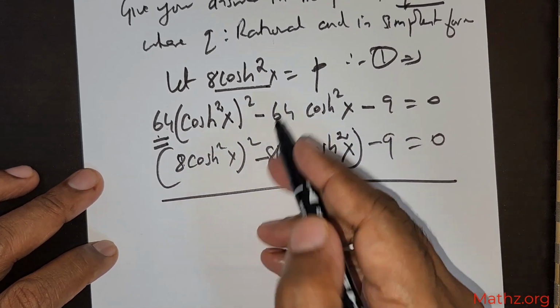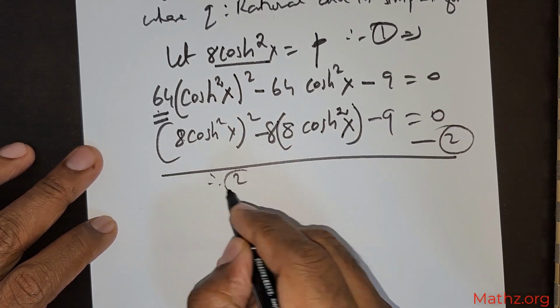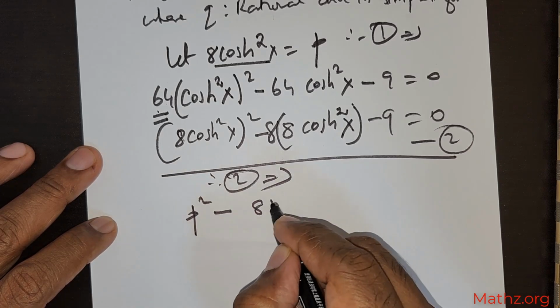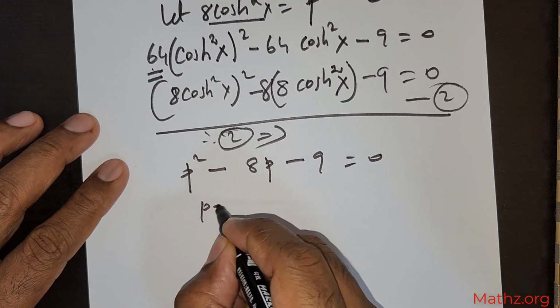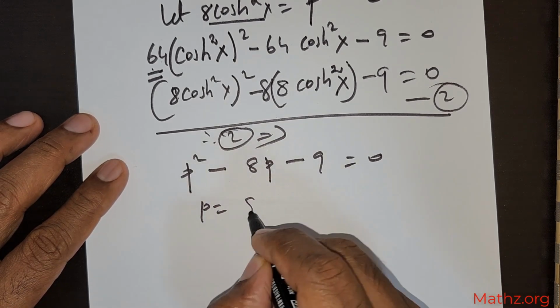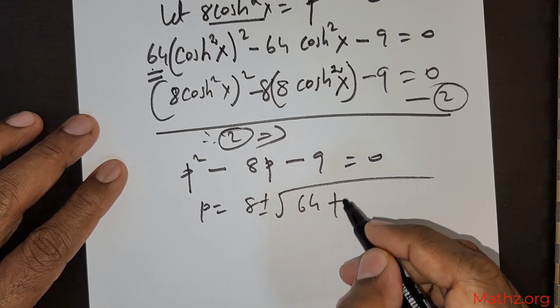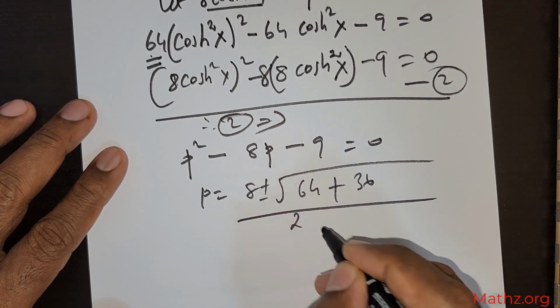Because of the substitution, this can be rewritten as p squared negative 8 times p negative 9 is equal to 0. So therefore by quadratic, p is equal to 8 plus or minus root of 64, negative negative positive, 9 4s are 36, divided by 2.